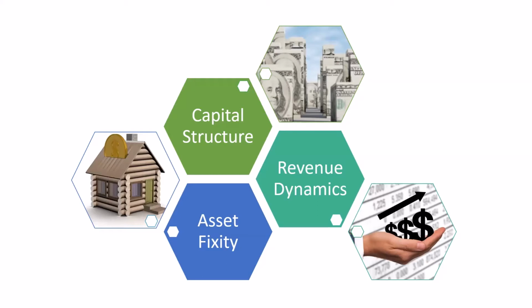And that's a capital structure problem. So one of the things we're going to talk about is, based on the assets you have, do you have the right financial model to make sure that those assets are being maintained sustainably? We think about this in our personal lives when we buy a house versus choosing to rent a house or an apartment. We need to think about it from a business perspective also.